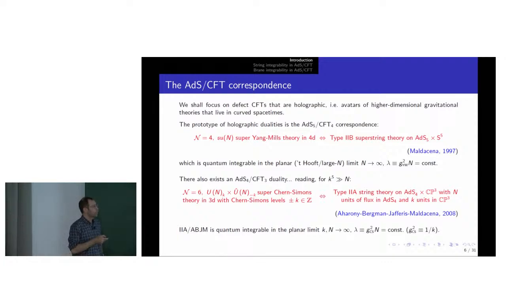And yes, these two theories are my prime focus, and I'm going to be examining the string theory side, where I will be inserting probe D-branes and studying the integrability of strings that end on these D-branes, and eventually showing that the boundary conditions for these strings are integrable.